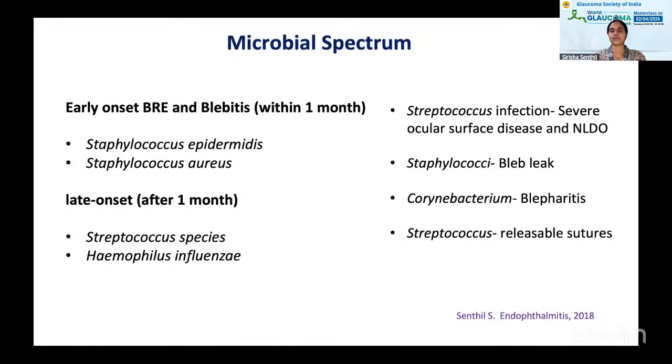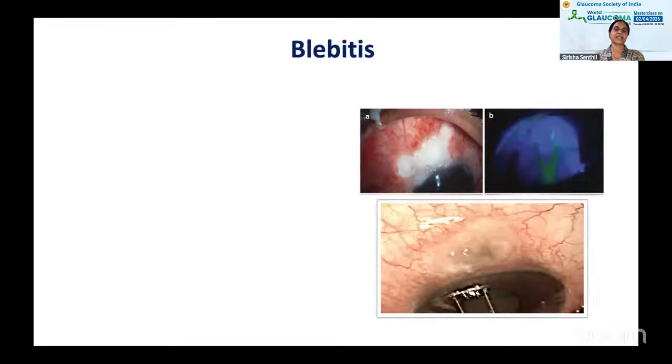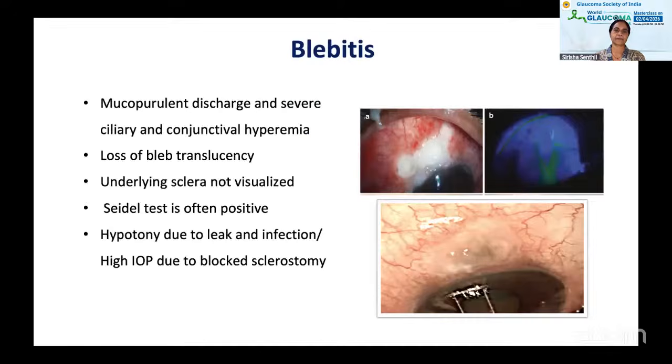We always have to make sure that there is no blepharitis and no other surface related problem, and patients with severe ocular surface disease need to be treated earlier before taking them up for trabeculectomy. In the bottom picture, the panel is a transparent or translucent bleb through which you can actually see the underlying sclera. That is how a thin cystic bleb normally looks.